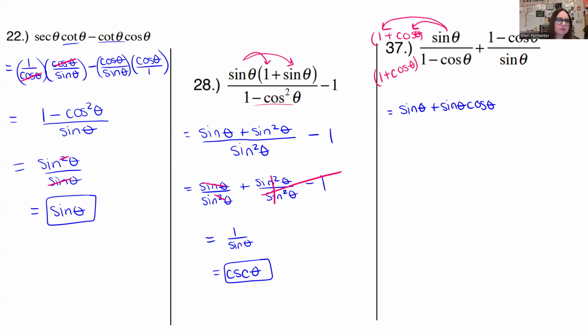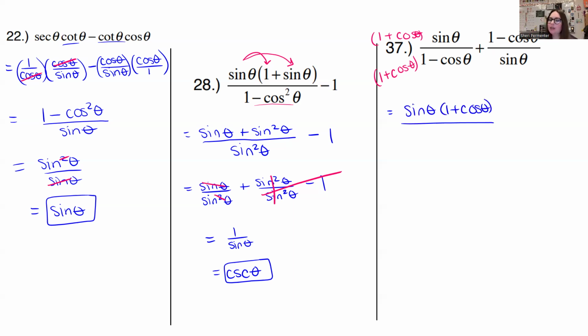Oh, actually, I'm not going to distribute yet. Sorry. You can. It's just a little easier if you don't. Sorry. I gave myself a note. There's a faster way. So we're going to leave it in the numerator as sine times 1 plus cosine.